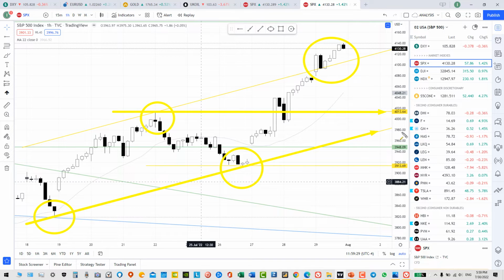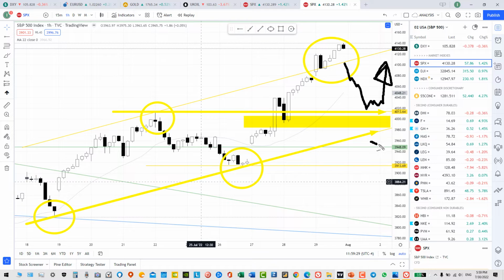3,980, which means that this area of around 30 points will be considered a zone of support for the intraday speculative traders who wait for any short-term correction to start to initiate new ultra short-term trades.